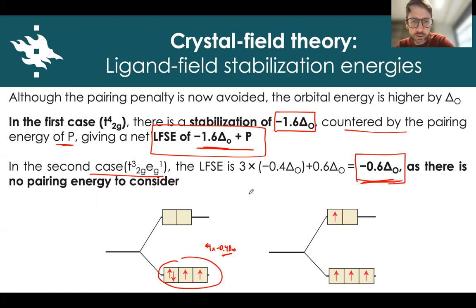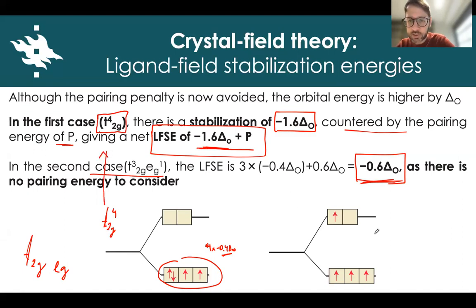So another important thing before we move forward is to pay attention to how these electron configurations for complexes can be written. So we have T2G and EG orbitals, right? In the case in which we have the 4 electrons in the T2G orbitals, we can write it like this, as represented here.